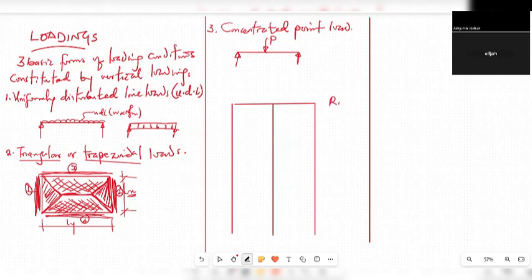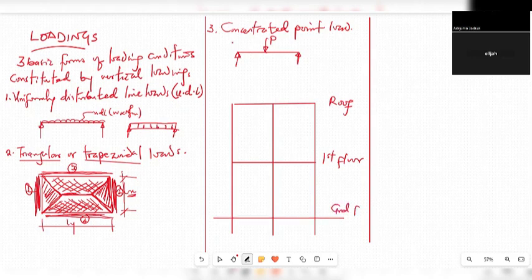You may call this the roof. We have another beam. You may call this the first floor. Then we have a ground floor. Okay, so let's assume this is the foundation now, the pad foundation.